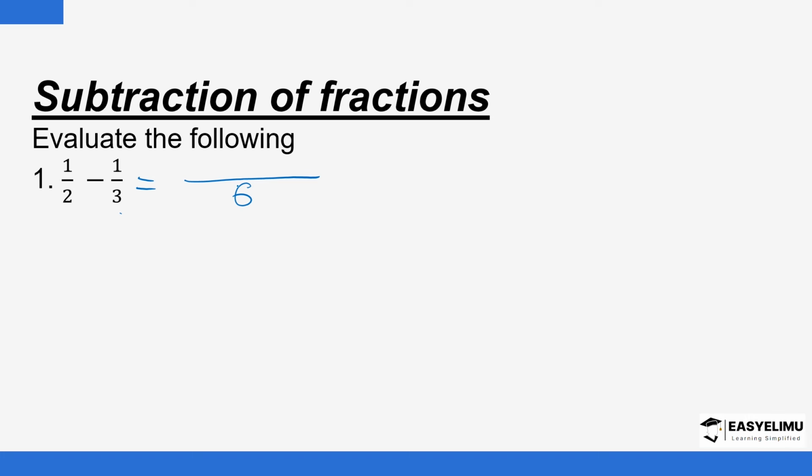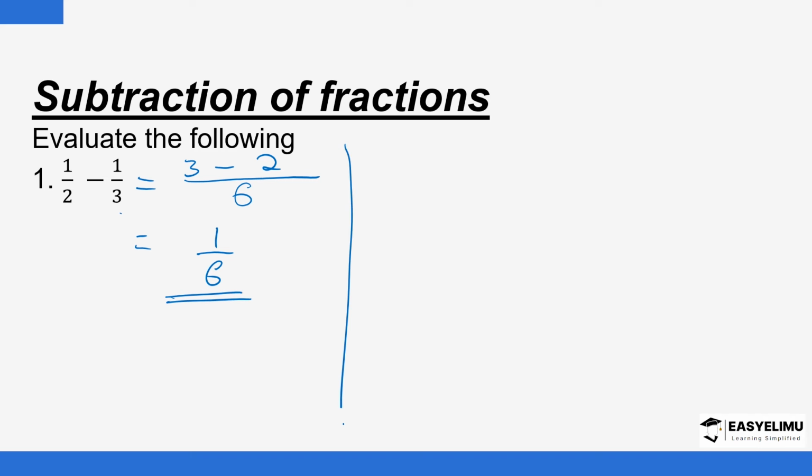So 6 divided by 2 is 3, 3 by 1 is 3. Again, we have 6 divided by 3 is 2, and 2 by 1 is 2. So we are subtracting 2 here. And again, 3 minus 2 is 1. So this is 1 over 6.